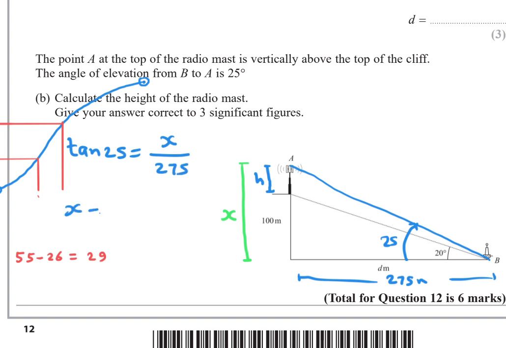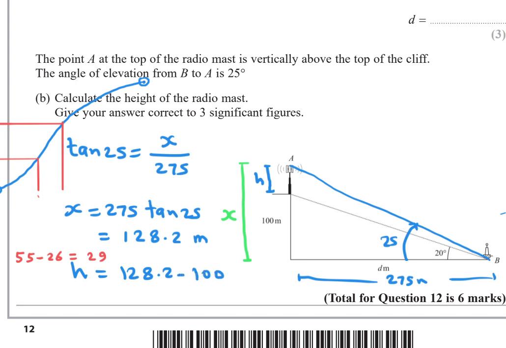So x equals 275 tan 25 equals 128.2 to 4 significant figures. Now to find h, subtract 128.2 minus 100. So h, the height of the radio mast, equals 128.2 minus 100 equals 28.2 to 3 significant figures.